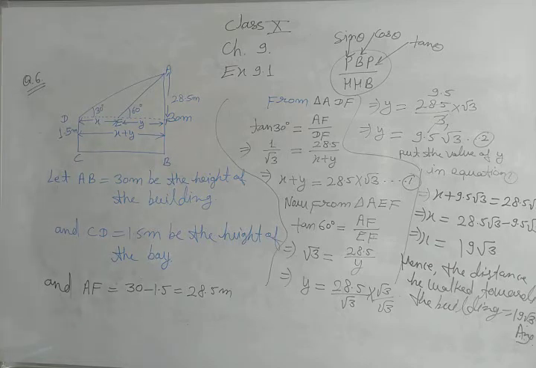Clear? And the distance he walked towards the building equals 19√3.